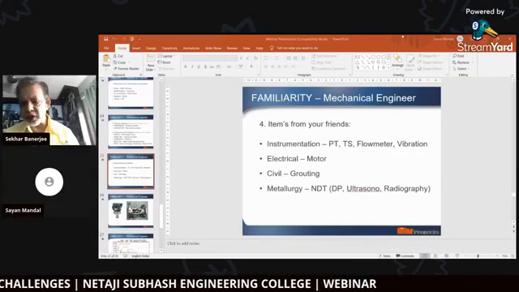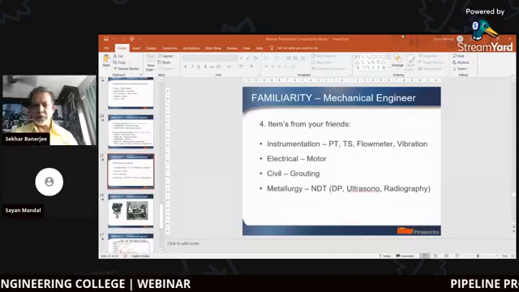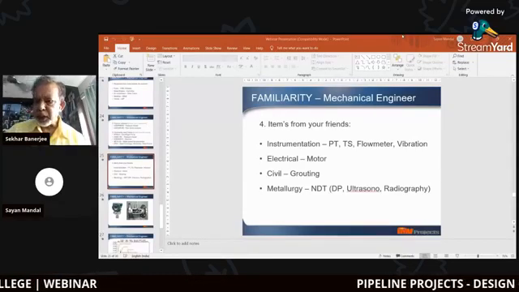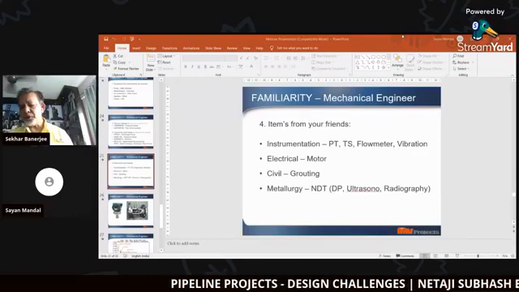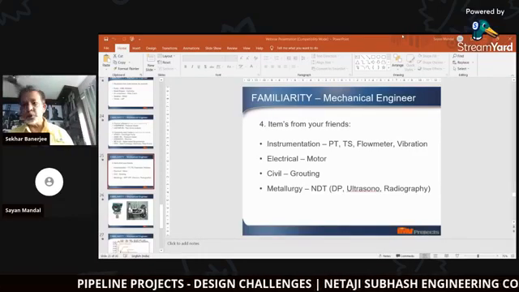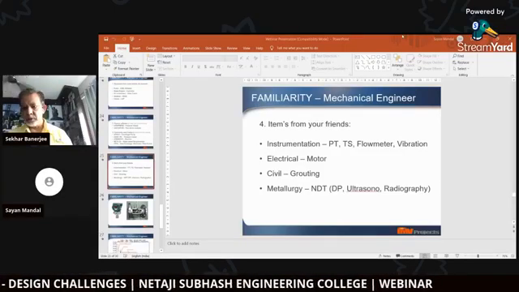NDT is non-destructive testing, like dye penetrant testing or ultrasonography, or for complicated items, radiography. Now, do you know what those are? How to do the quality check of your equipment?